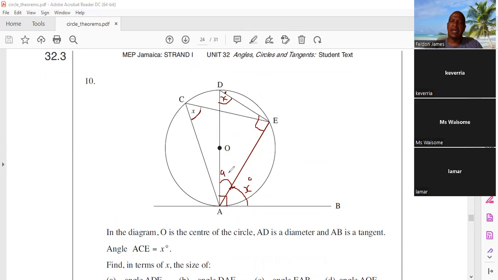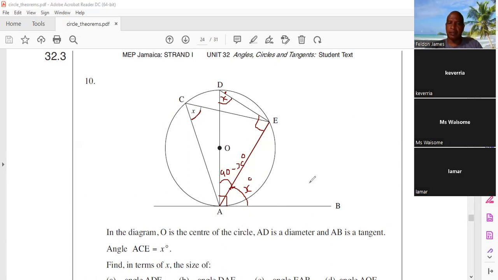This angle would be 90 degrees minus X. You agree? Because this one is X, then this one is 90 minus X because of this triangle. Is that clear, guys? Guys, please respond. I can't make any comment if you're not saying anything.